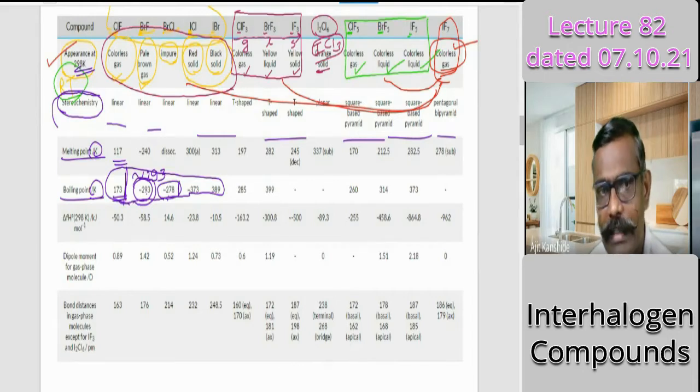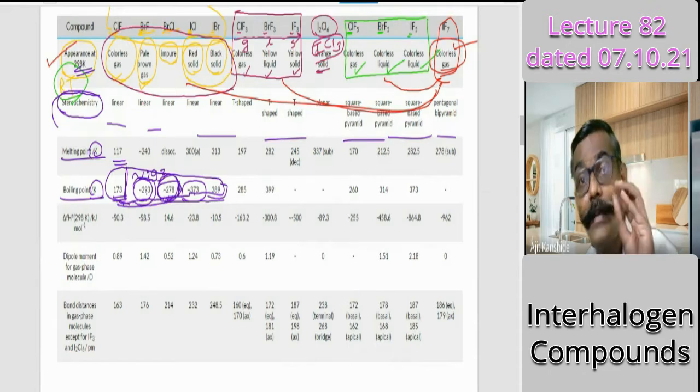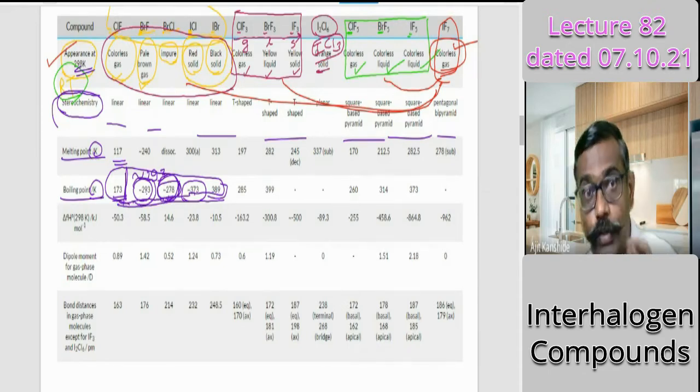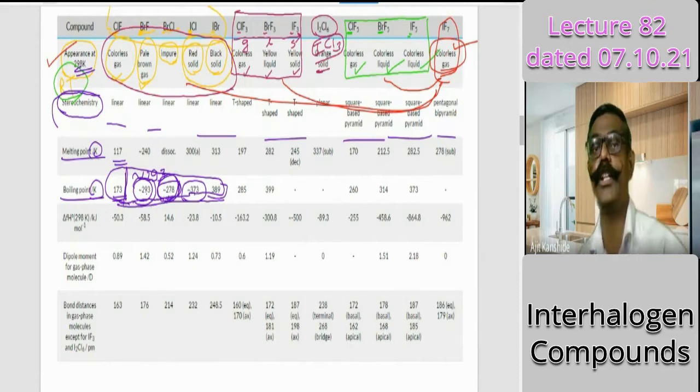But if I talk about the central halogen as chlorine only, with peripheral halogen chlorine, then here 278 increases to 373. From chlorine, if I go to iodine, here also it increases. So here you are finding only a little change. Otherwise, generally, as we move from chlorine to iodine as the central halogen, the boiling point increases.